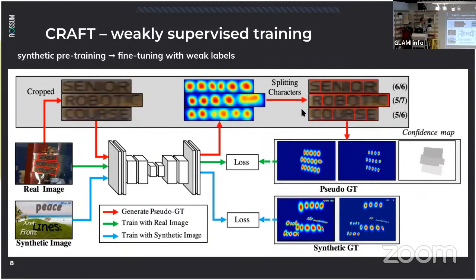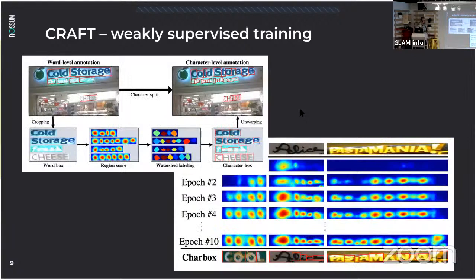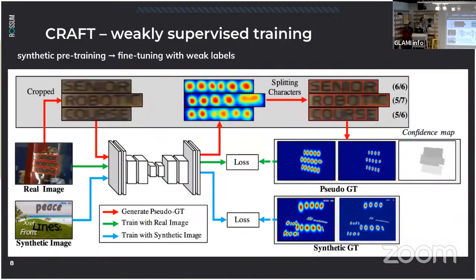One thing is that at the beginning, as I can show you here, the predictions are not so good. So they treat this uncertainty by multiplying those scores with a confidence, and that confidence is based on how well it can find the number of characters.